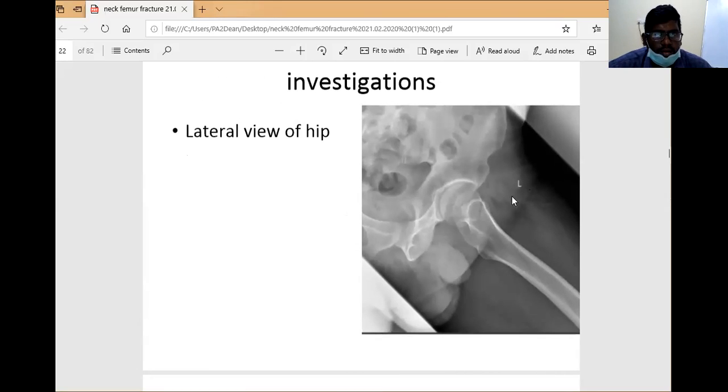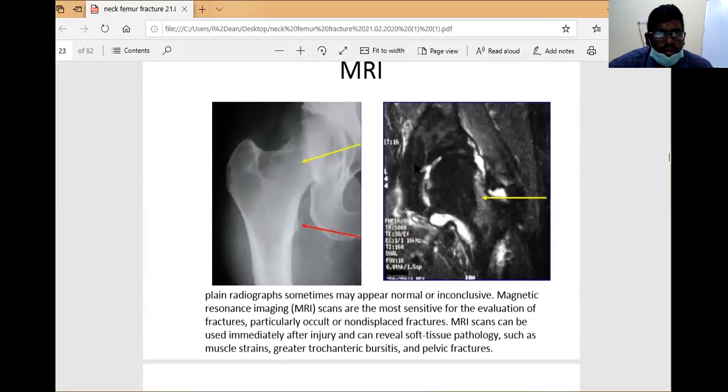Lateral views are not helpful, since in an acute condition we may not take a cross-table lateral view. MRI is useful in occult fractures, meaning if you are not able to diagnose on routine radiographs, MRI can be taken, where you can see edema along the neck, which indicates a minor undisplaced or occult fracture.